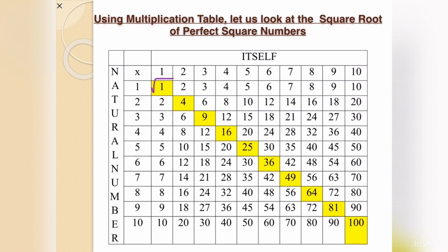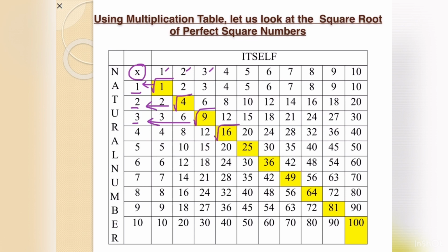Square root of 1 is 1, which means 1 multiplied by itself gives 1. Square root of 4 is 2. That means 2 multiplied by itself gives 4. Square root of 9 is 3. That means 3 multiplied by itself gives 9.